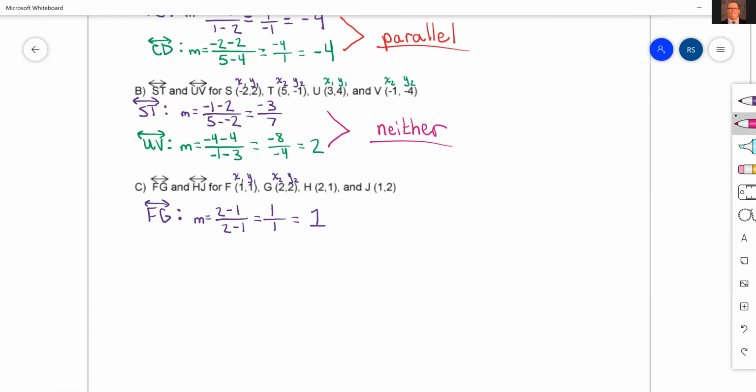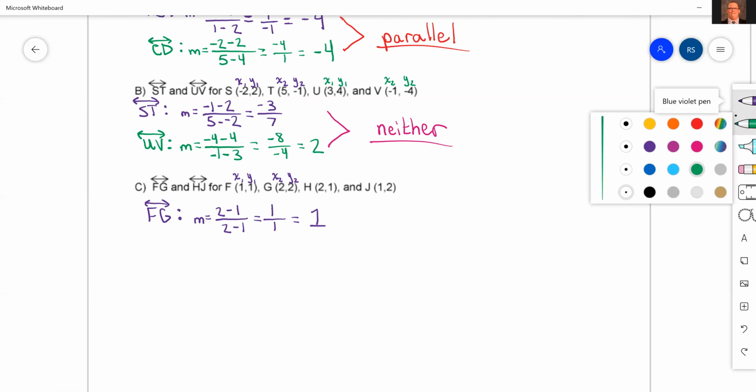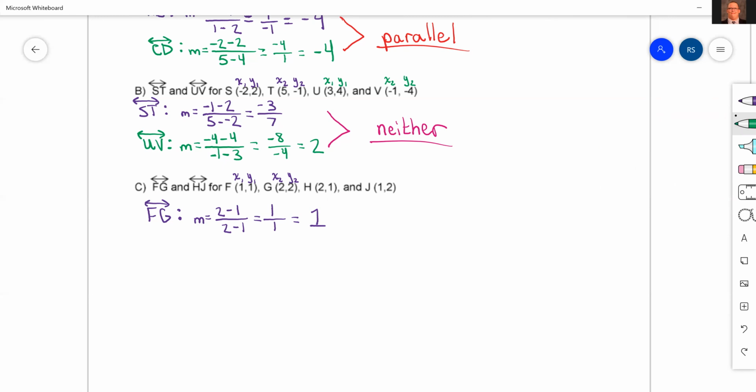Okay, now let's do HJ. X1, Y1, X2, Y2. Y2 is 2 minus Y1 is 1 over X2 is 1 minus X1 is 2. 2 minus 1 is 1 over 1 minus 2 is -1.